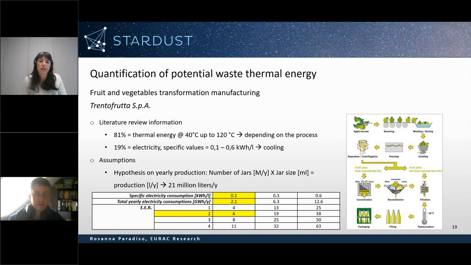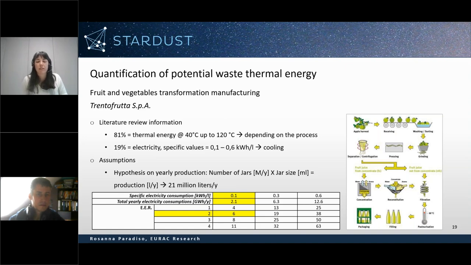So we proceeded like in the previous case, and we basically calculated the electricity consumption through some reference values and making some assumption about the number of jars and the jar size distribution.